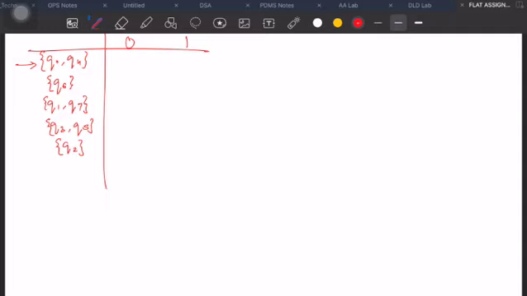Q0 was the initial state, and Q2 was the final state, sorry. Now Q0, Q4 goes to Q1, Q7 for input 0, and Q3, Q5 for input 1.